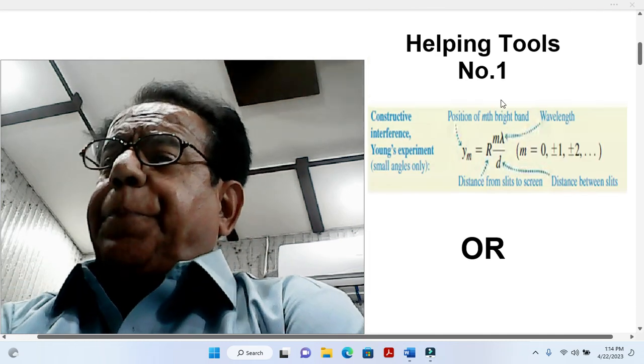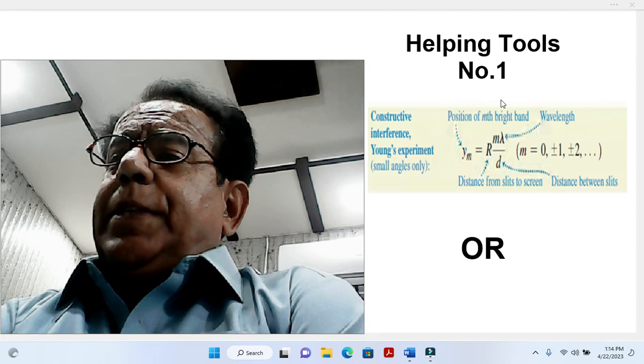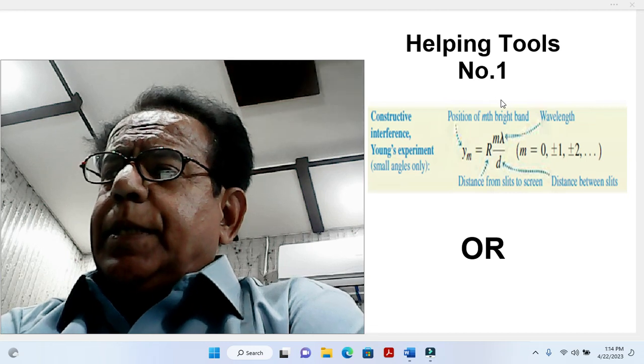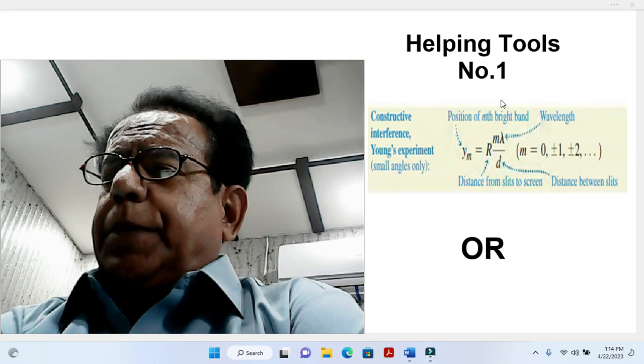Tool number 1, constructive interference, Young's experiment, small angles only.